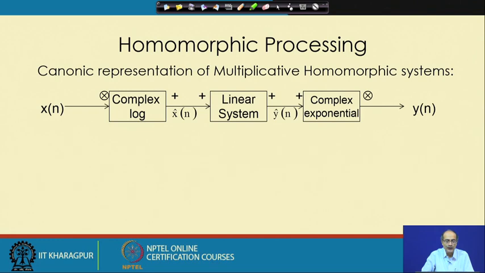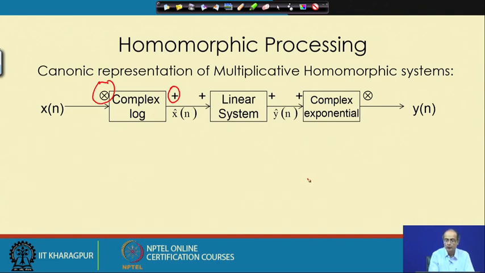Okay. So, after taking the log, what happens is that initially there was an operator, the multiplication here, and that becomes an addition in the output space of the complex log. So, we get the signal x hat, where the operator becomes addition, and now we can have the linear filtering, and after the filtering we can get y hat.